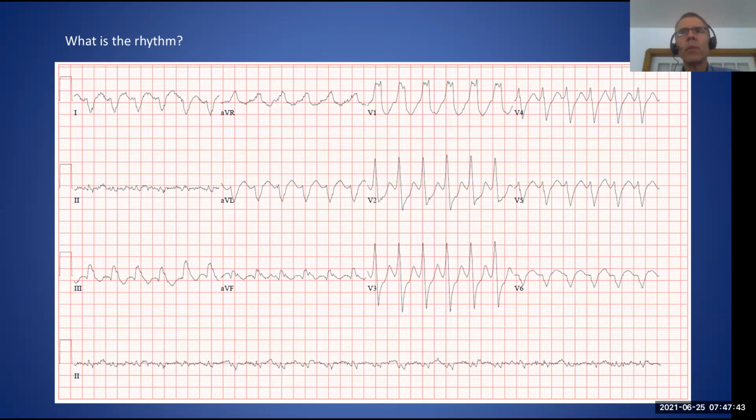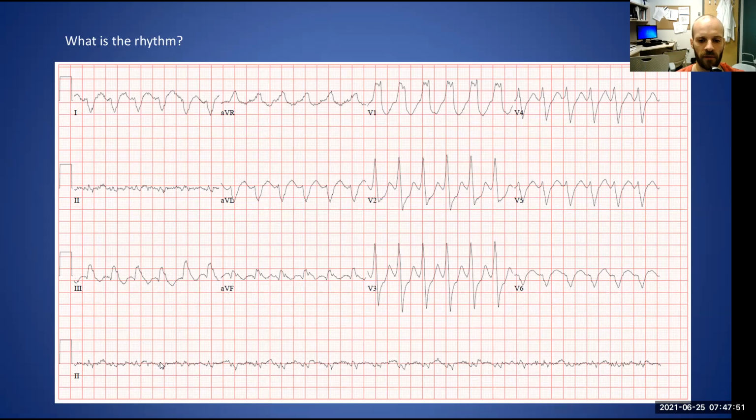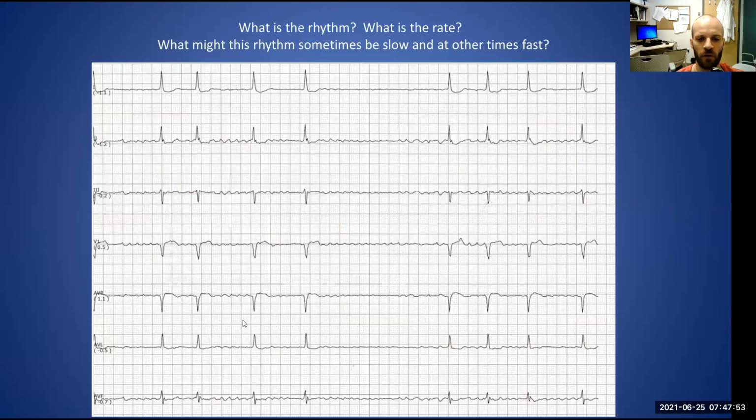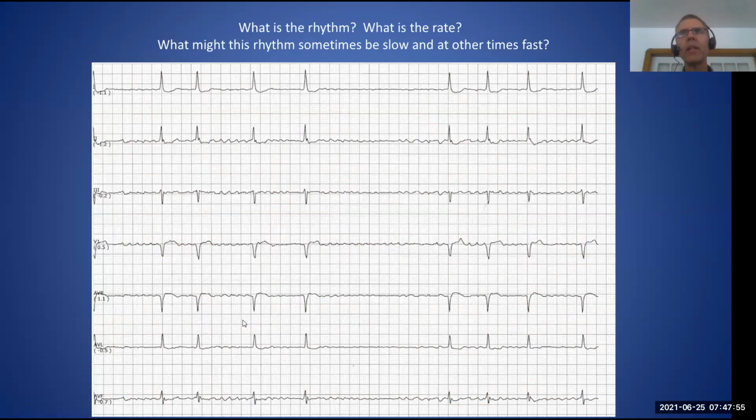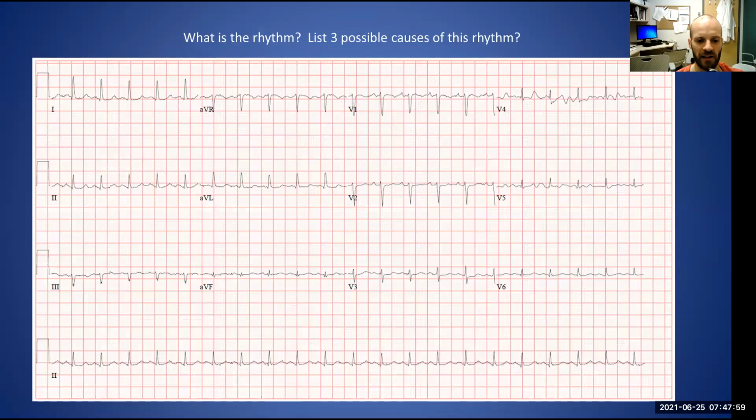Is there a sequence in terms of chronology or time of these leads? Is one happening prior to the other? No, they're all happening at the same time. They're all reading at the same time. For most ECGs, time is continuing continuously, so all of these leads are lined up.